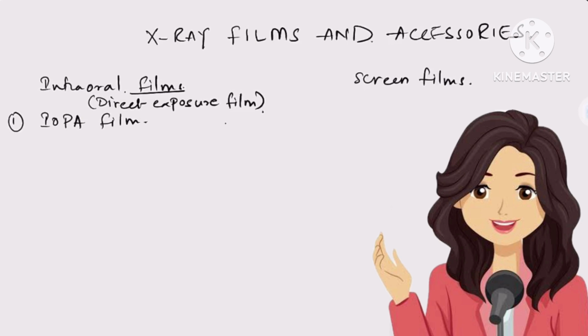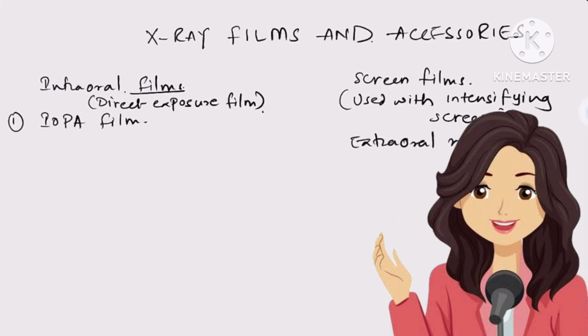The screen films are what? They are used with intensifying screens. Now, what are intensifying screens? We'll discuss it. Intraoral film, direct exposure, you can put it directly into the oral cavity and take the X-ray. Screen films are mostly used with the extraoral radiographs.